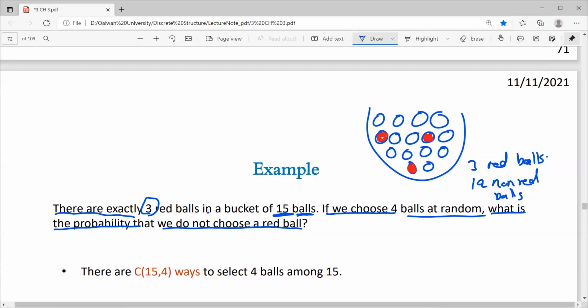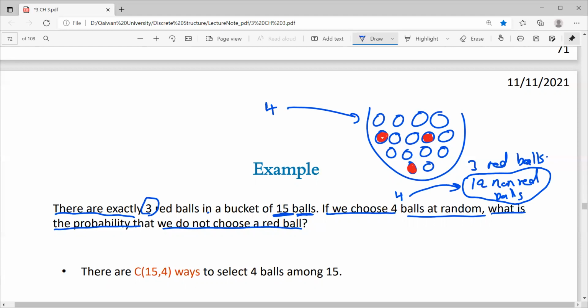So here we choose the 4 balls from 12 among 15 balls. That means we take 4 from 15 and also we take 4 from 12.